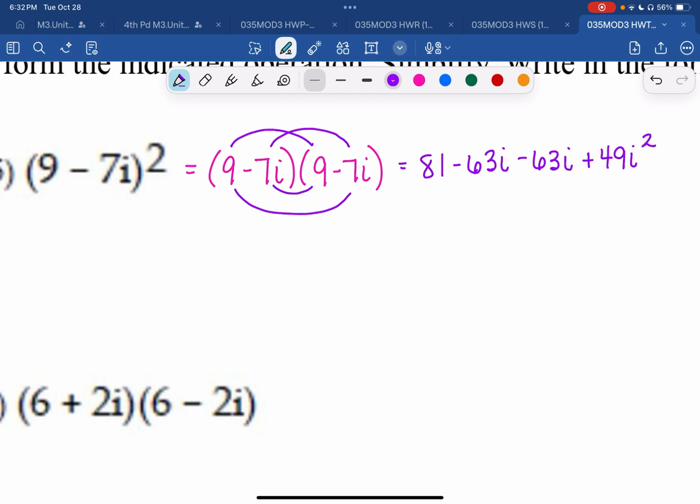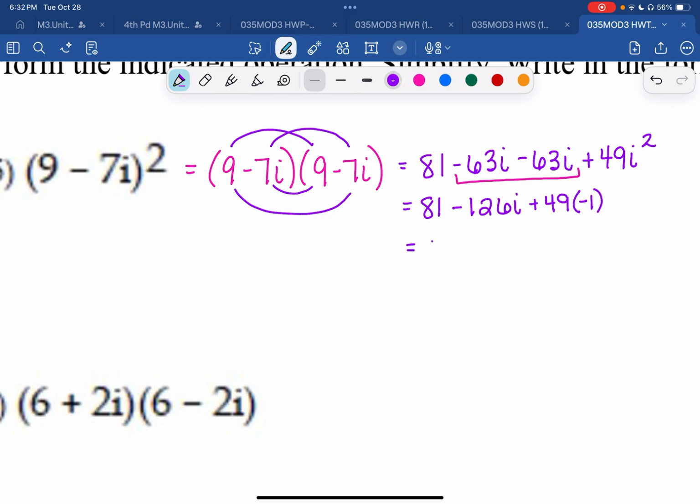Now I need to clean things up. So I've got 81. My -63i and -63i, that's going to give me a minus 126i. And then plus 49, but i squared is equal to -1.